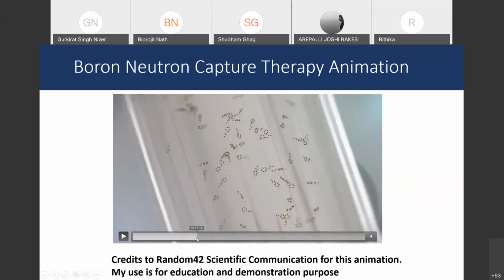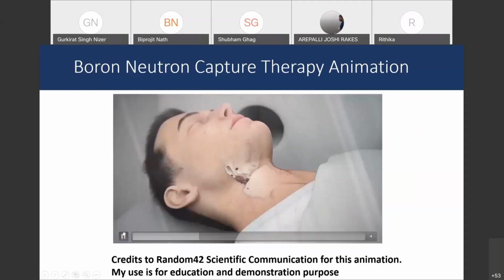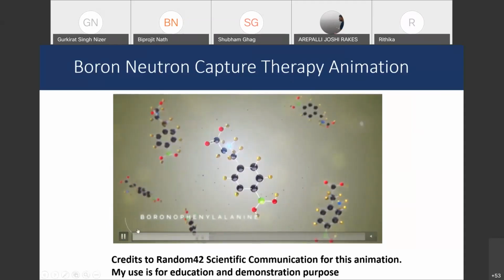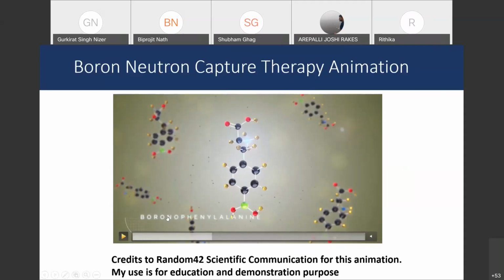And that's what we call boronophenylalanine. We know phenylalanine is a very important, essential amino acid. So this boronophenylalanine is a combination of boron 10 and the amino acid phenylalanine.